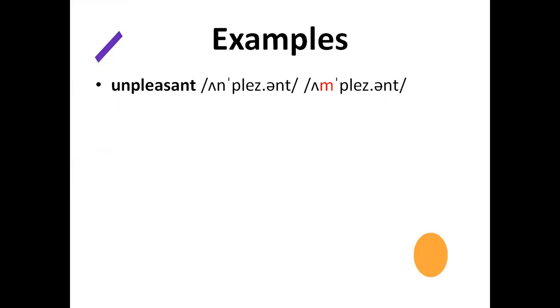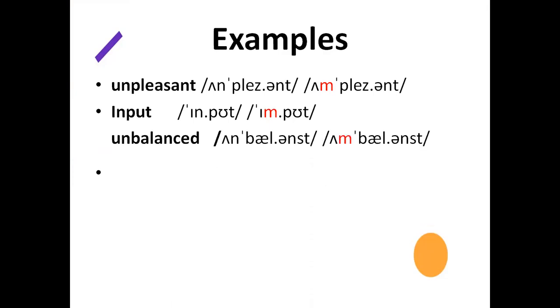So unpleasant will be pronounced umpleasant. Input will be assimilated into imput. Unbalanced. Now, the n sound is followed by the b sound. So unbalanced will be changed into umbalanced. Inbuilt will be changed into imbuilt.